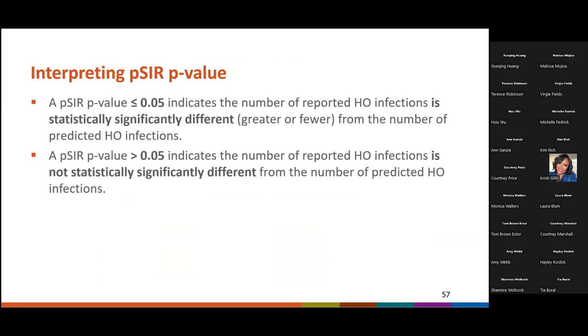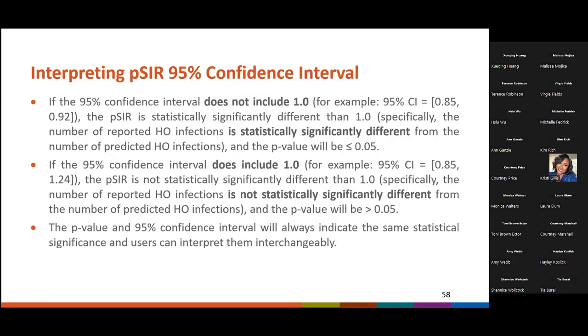If the p-value is less than or equal to 0.05, that indicates the number of reported hospital onset infections is statistically significantly different, greater or fewer, from the number of predicted hospital onset infections. A pSIR p-value greater than 0.05 indicates the number of reported hospital onset infections is not statistically significantly different from the number of predicted hospital onset infections.